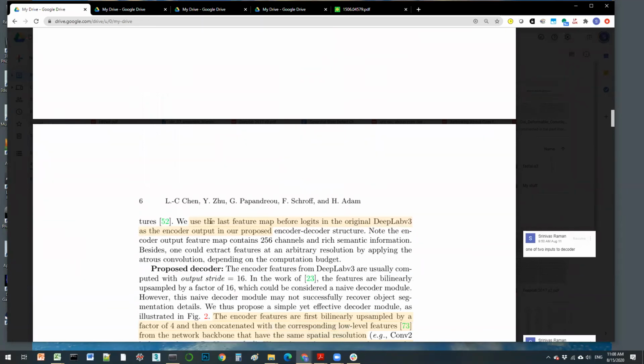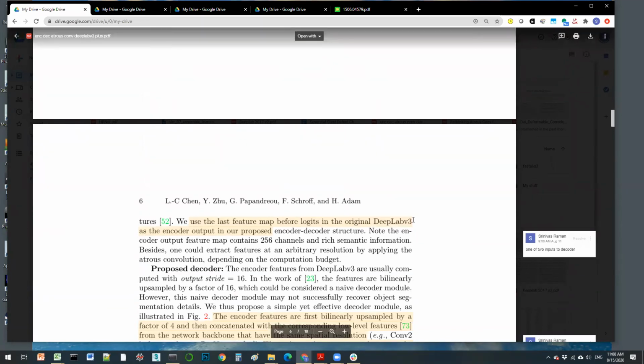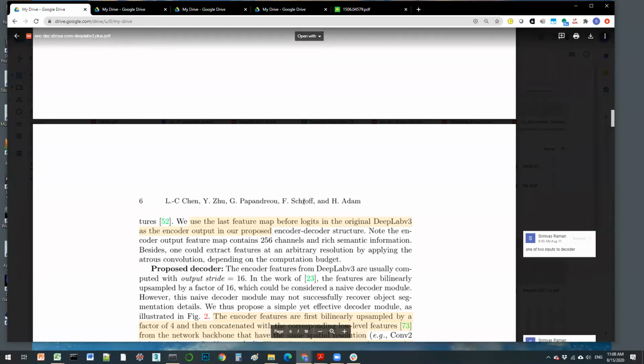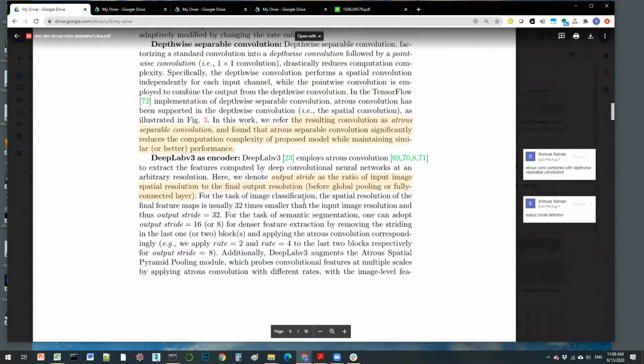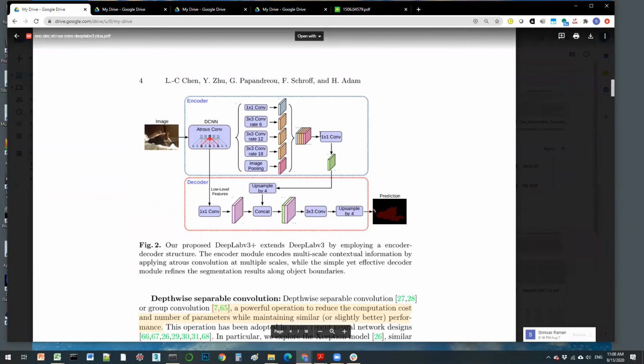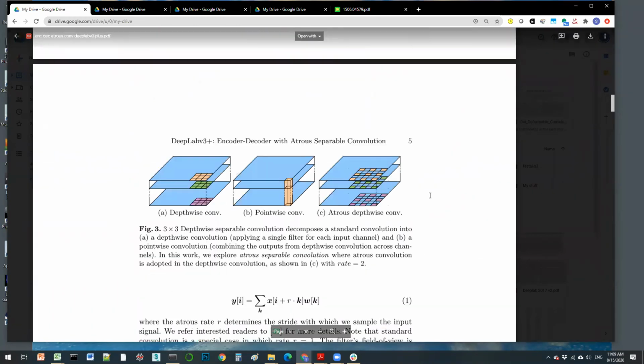And then we use the last feature map before logits in the original DeepLab v3 as the encoder output in our proposed decoder structure. So that is this guy that they begin to combine into the decoder structure.